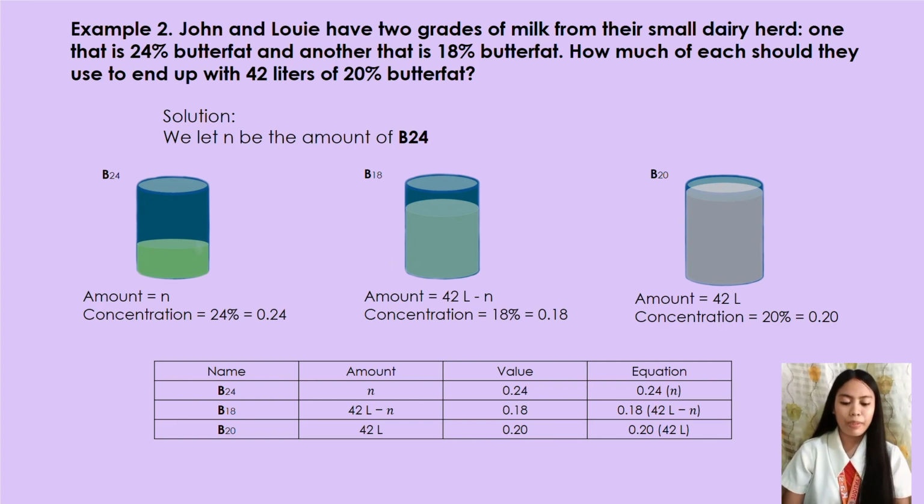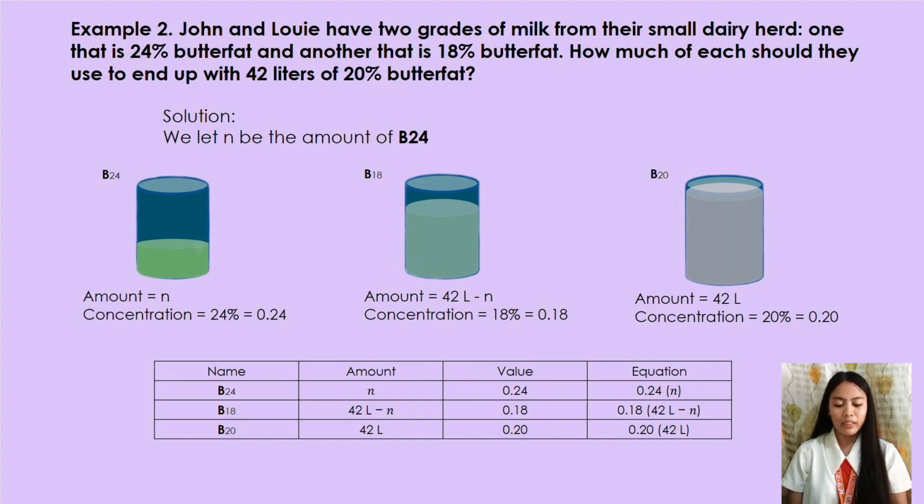As for the amount of B24, let's substitute N. B18 has an amount of 42 liters minus N. B20 has an amount of 42 liters. For the values, B24 has 0.24, B18 has 0.18, and B20 has 0.20.